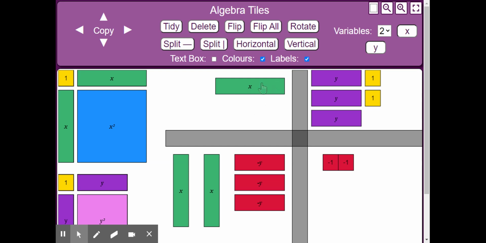Okay, so one X tile is 3 Y tiles plus 2 1 tiles, right? So these purple ones are Y's and the yellow ones are 1 tiles, and my green one over here is an X tile. So if my X equals, this is my equal line, equals, okay?